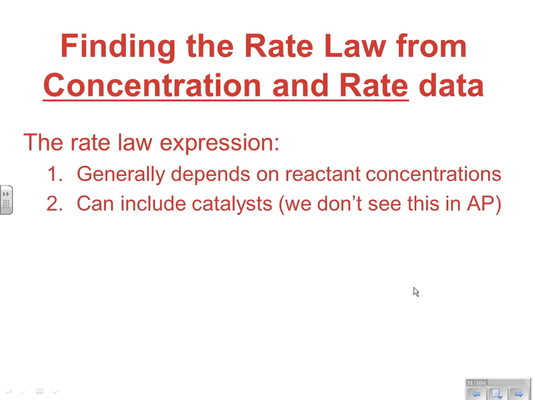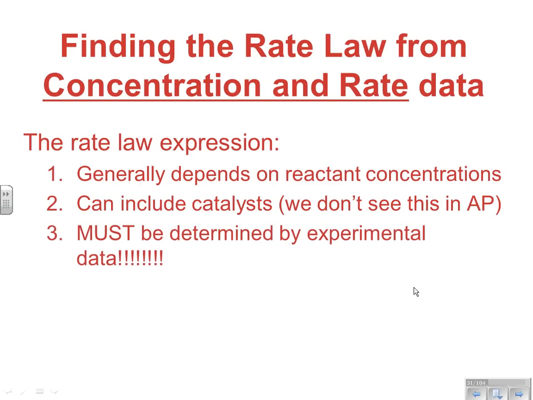You can see a catalyst sometimes in these, but you're never going to see that on the AP test. You're never going to see it in class. So basically what we're going to be doing is looking at just the reactants involved in the reaction. And what you need to understand is there's no other way to do this. We have to have experimental evidence. So either you're doing an experiment or they're giving you concentration and rate data every single time.